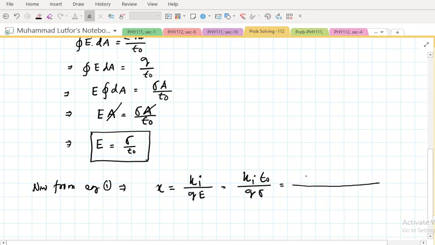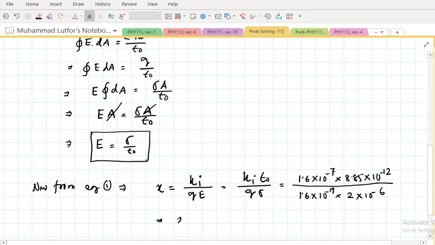Ki is the kinetic energy, which is 1.6 into 10 to the minus 17 joule, and epsilon naught is 8.85 into 10 to the power minus 12, and the charge of the electron is 1.6 into 10 to the minus 19, and the surface charge density, which is given, is 2 into 10 to the power minus 6, right?